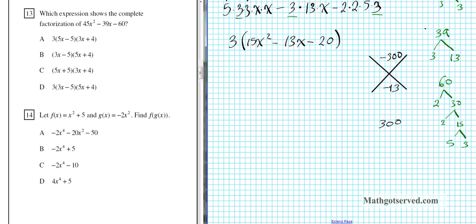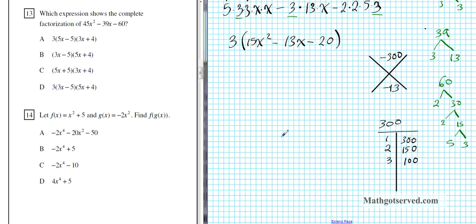Let's break down 300 into pairs of factors that multiply to give you 300. So we have 1 times 300, that doesn't work. 2 times 150, that doesn't work. And then we have 3 times 100. That doesn't work either.